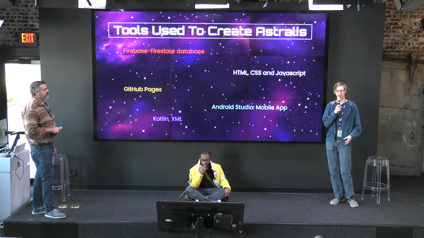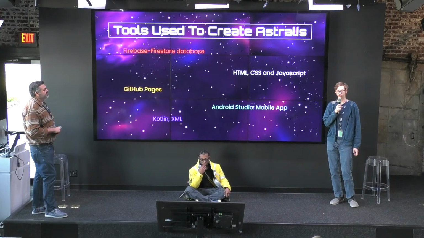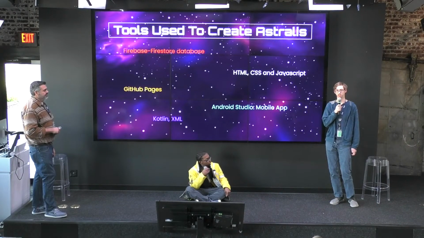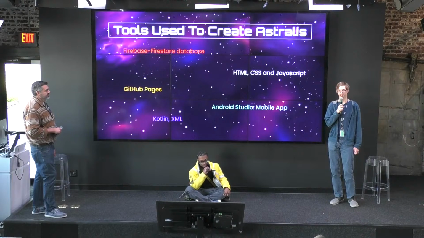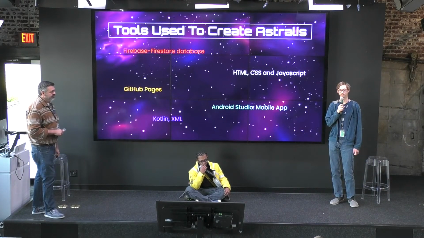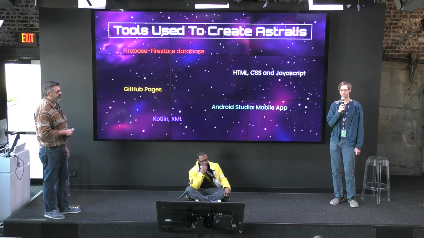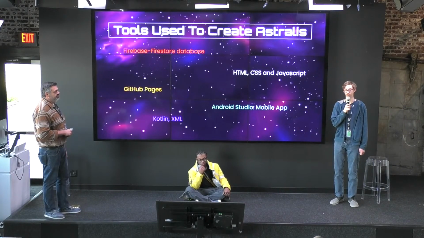I made the mobile app using Android Studio, which is not a game engine at all, so it wasn't easy. I used Kotlin and XML for that. XML is basically like HTML, and Kotlin is pretty close to JavaScript.